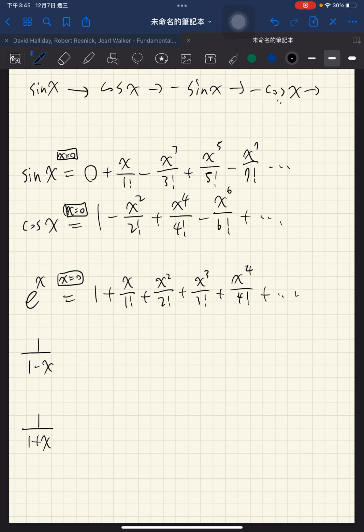Okay, this one can be a Taylor series, but from what we learned in high school, we already know what this is.